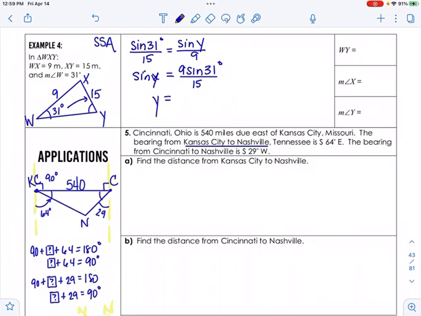Okay, so we get sine y is equal to 0.3090. So we get angle y then, and I want to be careful about these. Angle y turns out to be equal to, remember, sine inverse of 0.3090. I get 18 degrees for that, okay? So 18 degrees for angle y.